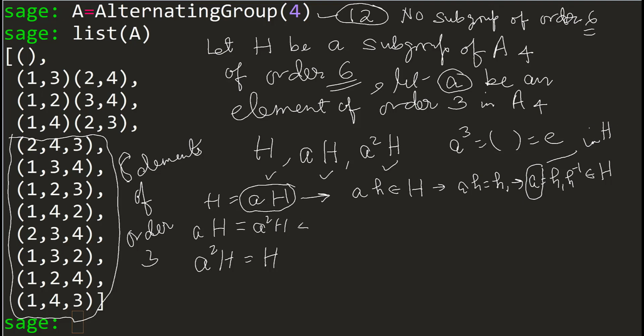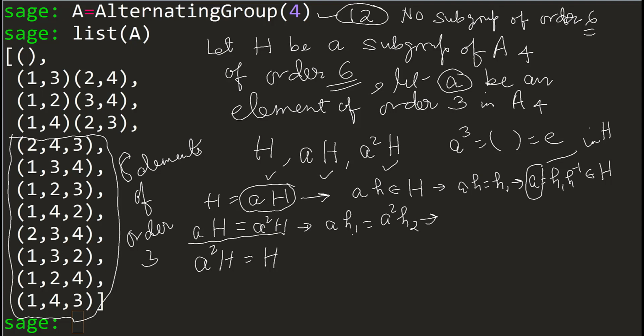Now, on the other hand, if we have this situation, then AH1 has to be A squared H2 for some H1 and H2 in H, because the way these two are equal, we will have elements H1 and H2 which will give us equality of all the elements, right?